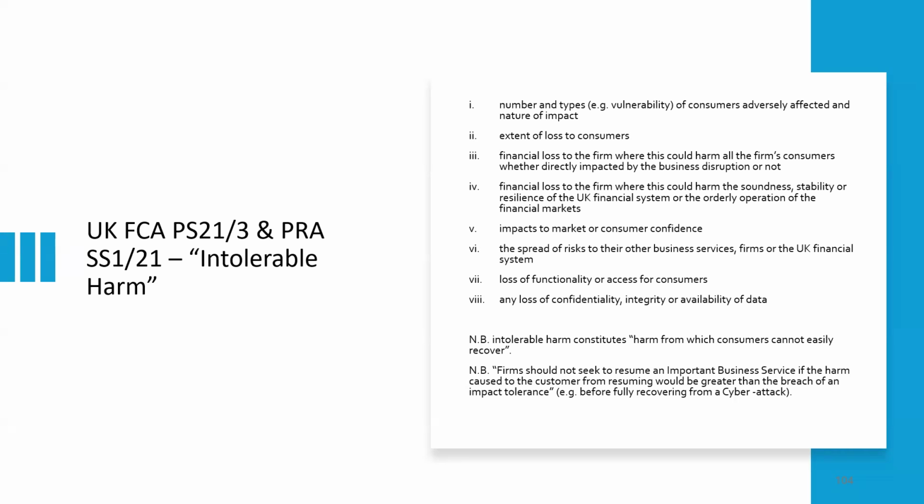What is intolerable harm? How do we assess intolerable harm to our consumers? Some criteria could be the number and types of vulnerability of consumers that may be adversely affected in the event of a business disruption. For example, let's say you've got a small or micro building society that offers products to pensioners solely.